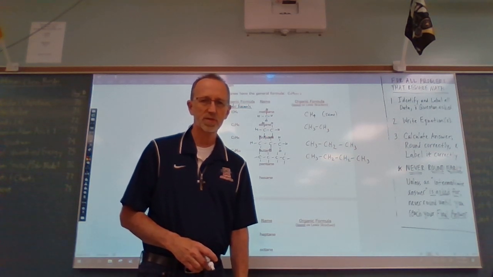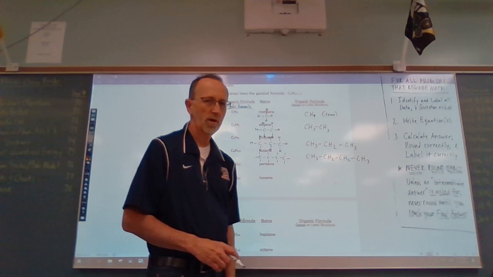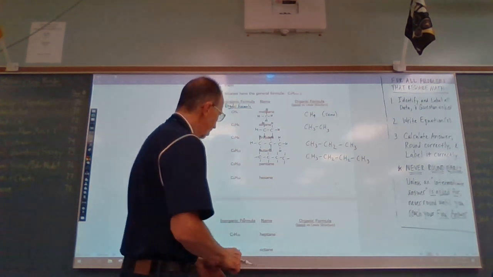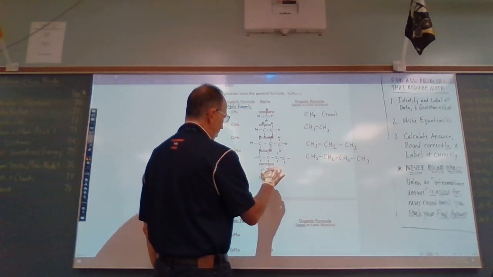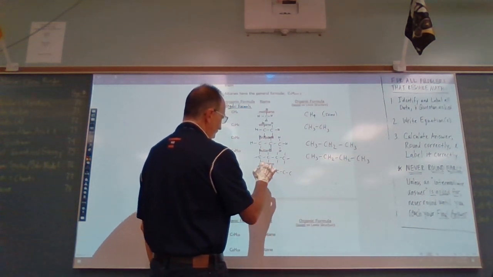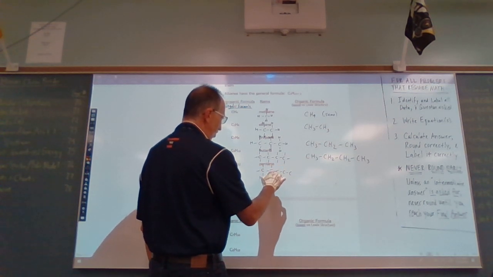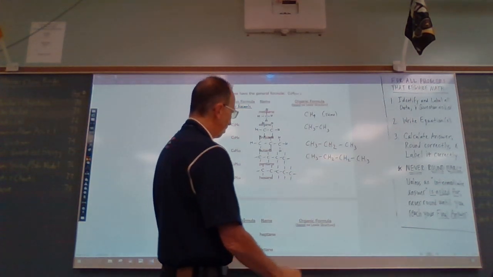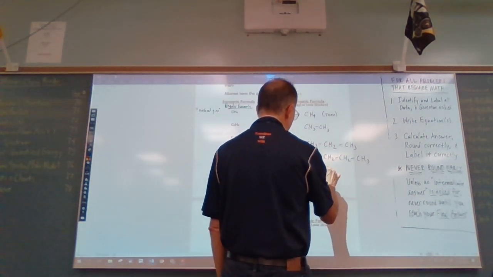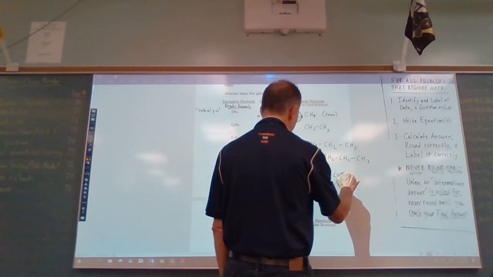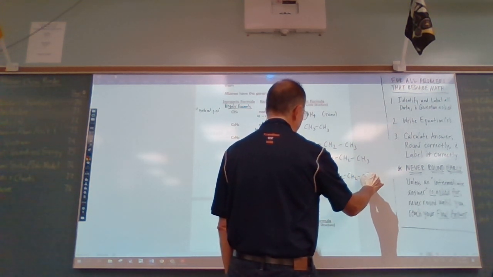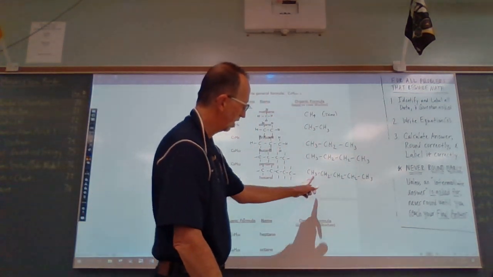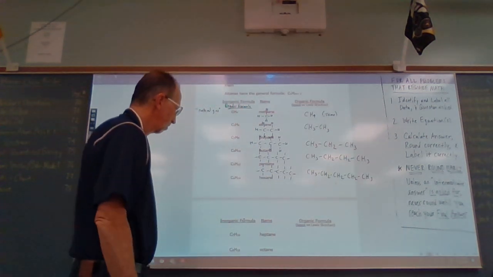So basically, as we draw these chains for our organic formula, all we're doing is adding another CH2 in the middle. All right? So for pentane, which has 5 carbons, 3 hydrogens on the end, 2 in the middle, 2 in the middle, 2 in the middle, and 3 again on the far end. Same thing. CH3, CH2, CH2, CH2, CH3. Okay? And a single bond there between all the carbons. All right?